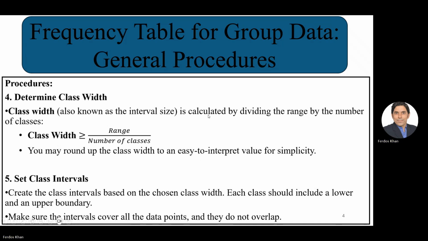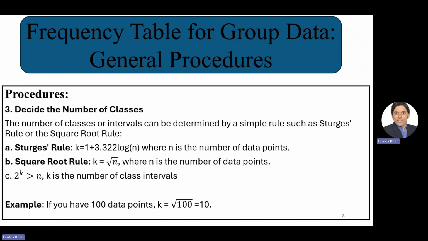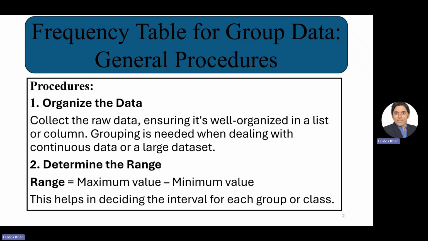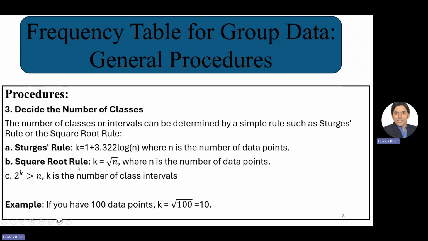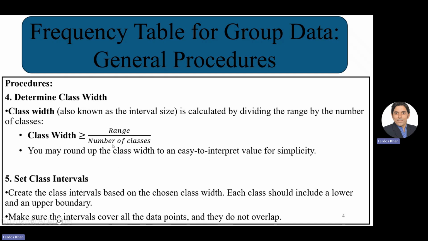The fourth step is to determine the class width. That is also very important. Class width is greater than or equal to the range divided by the number of classes. In step 2 you determined the range, and in step 3 you determined the value of k, the number of classes. So you put range divided by number of classes here, and the class width should be greater than or equal to this.